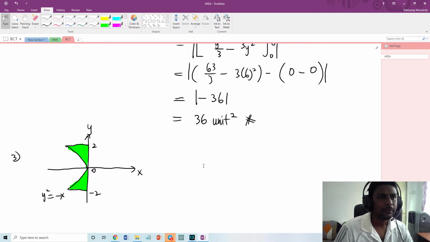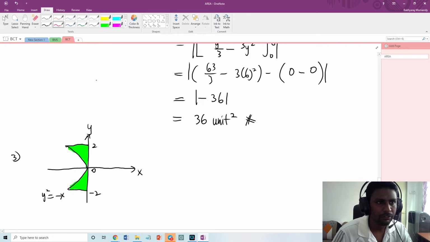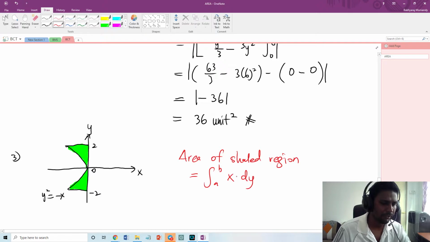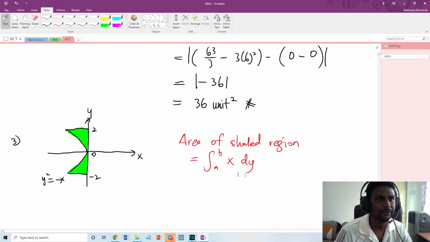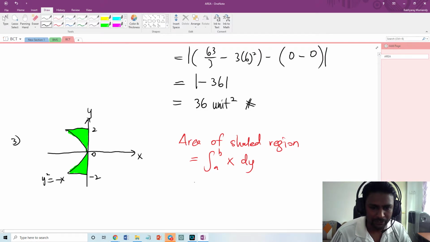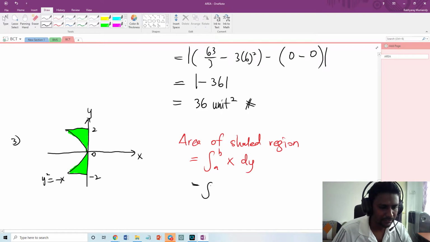Okay, again we start with the formula. So our formula will be area of shaded region equal to the integral from a to b of x dy, because now we are doing it on the y-axis. So x dy, and we substitute the formula. Okay, so what is our limit for this question?